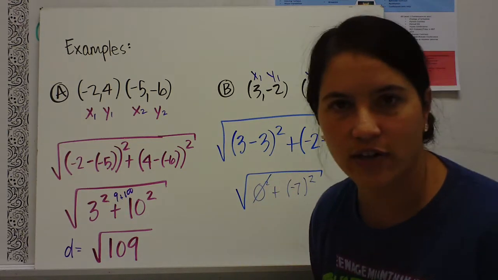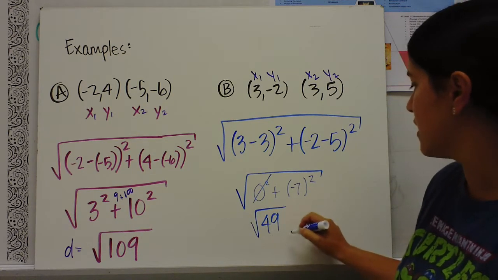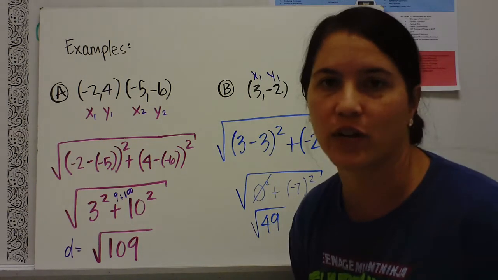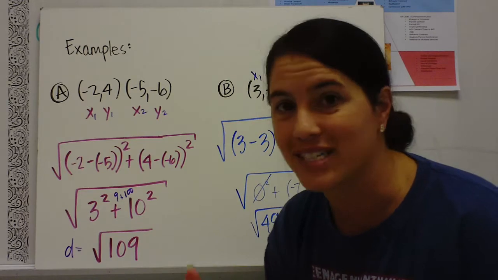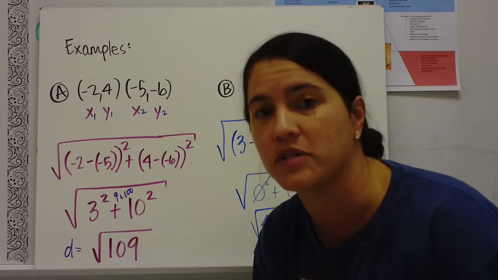So 0 squared is just 0, negative 7 squared is 49, so my distance is going to equal 7 because the square root of 49 is 7. Now, the square root of 49 is also negative 7, but when we're dealing with distances, you can't have a negative distance. So when it's distances, it's always going to be positive.